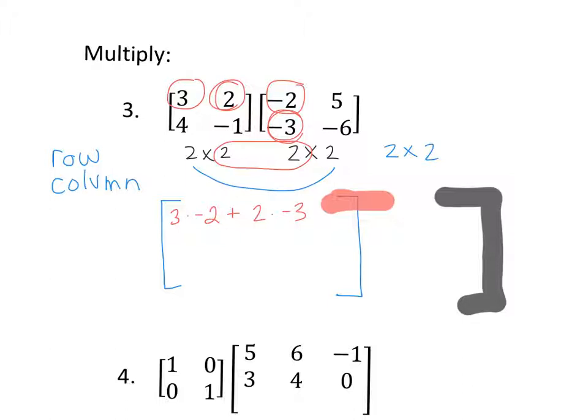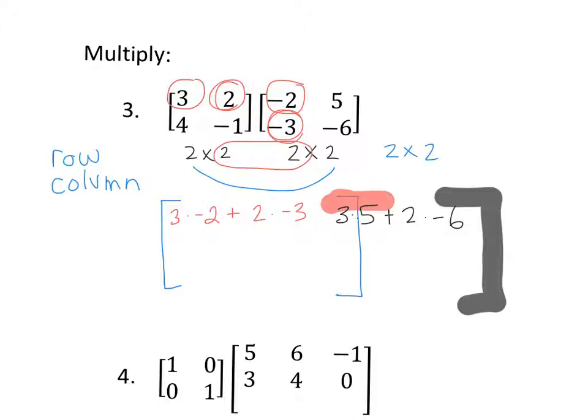Okay, so the second one, I'm going to take 3 and 2 and multiply it by 5 and negative 6. 3 times 5 plus 2 times negative 6. So I'm going to write that out.